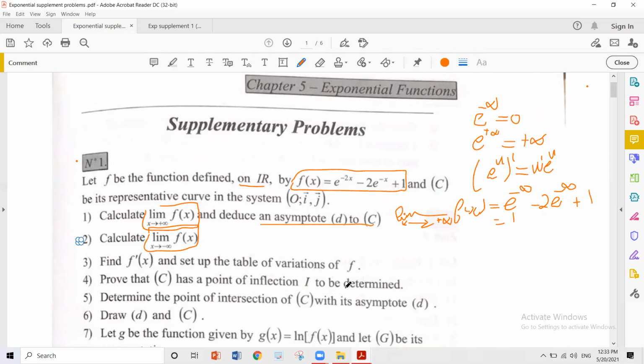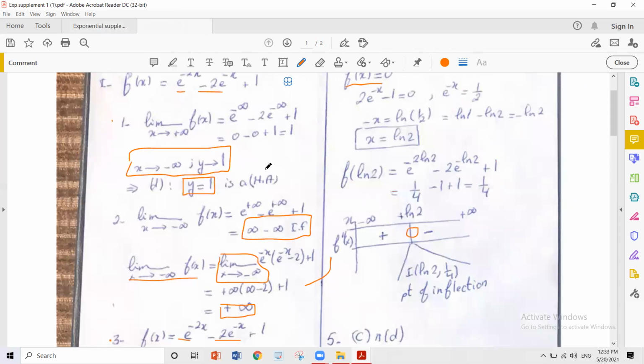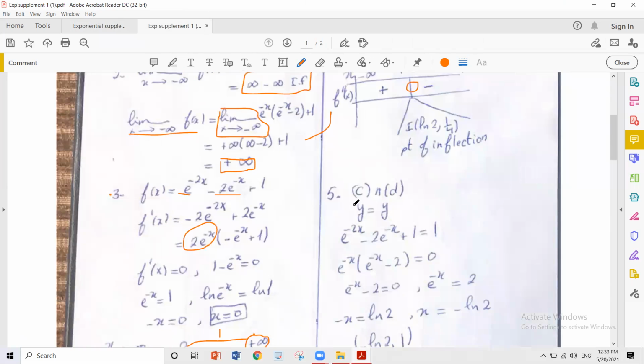The curve is y equals e to the minus 2x minus 2 e to the minus x plus 1, and the asymptote is y equals 1. So we put e to the minus 2x minus 2 e to the minus x plus 1 equal to 1, so e to the minus 2x minus 2 e to the minus x equals 0.